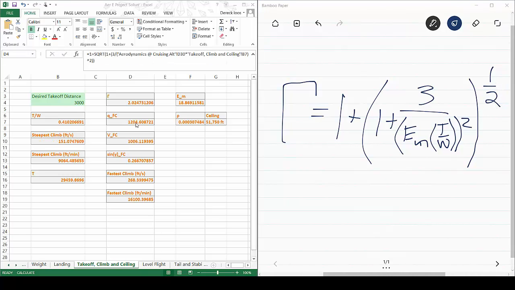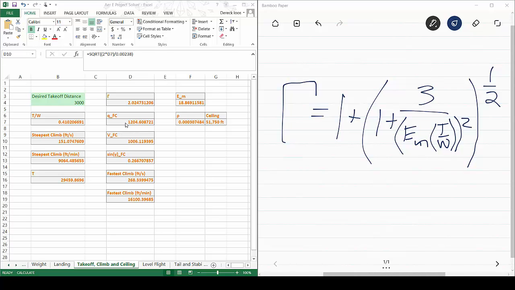And when you look in my workbook for gamma, you'll see here 1 plus the square root of 1 plus 3 divided by aerodynamics at cruising altitude D30, which is my EM, and my T over W, which is found in my takeoff, climb, and ceiling worksheet right here at B7.